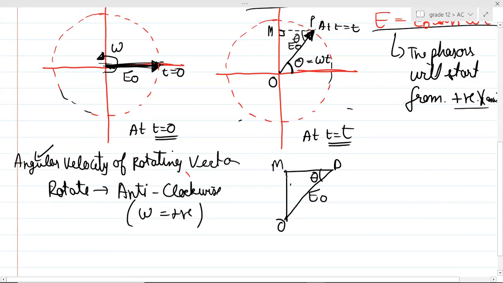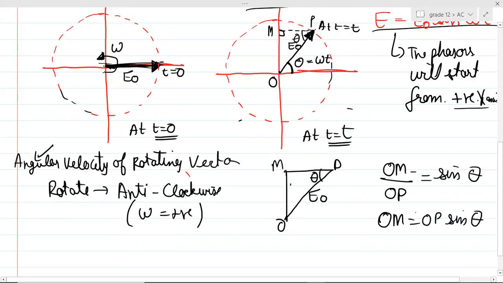This is E naught. Can anyone give me the value of OM from here? Sine theta is OM by OP, so I can write OM equals OP sine theta. Now please remember, what does this OM represent on the y-axis?